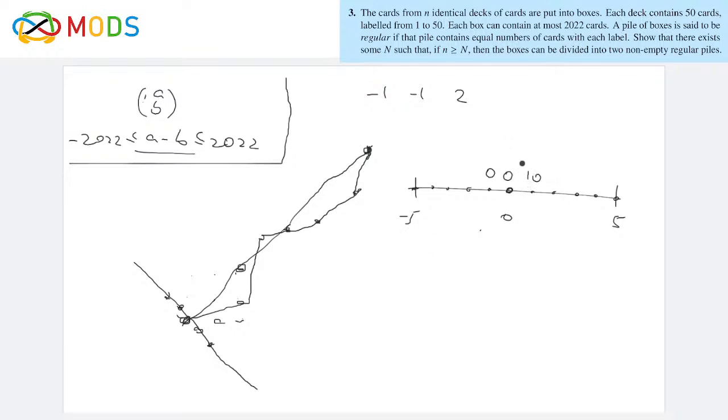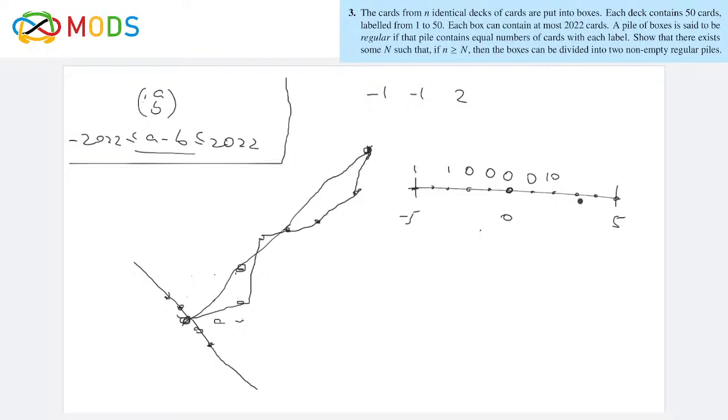So for this to work at all, this can only be like maximum... Okay, I see what you mean from the GCD thing from earlier, because let's say this is 0 and this is 10 instead. Then you can actually have a single 3 or a single minus 3, right? And this would still work.